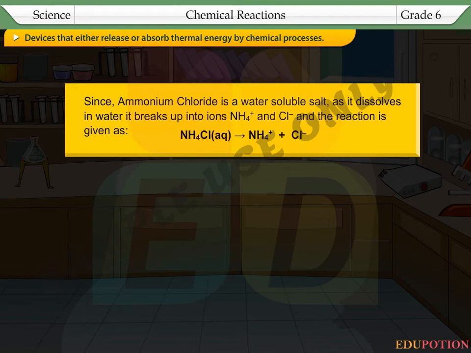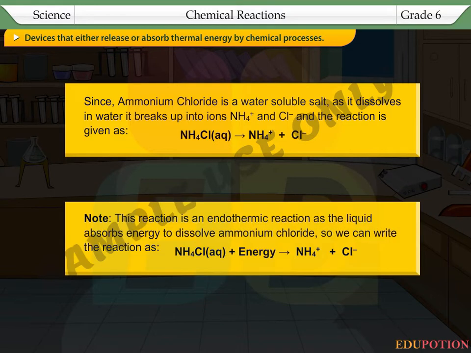Since ammonium chloride is a water-soluble salt, as it dissolves in water, it breaks up into ions NH4 plus and Cl minus, and the reaction is given as NH4Cl in aqueous form, that is mixed with water gives ions NH4 plus Cl minus.